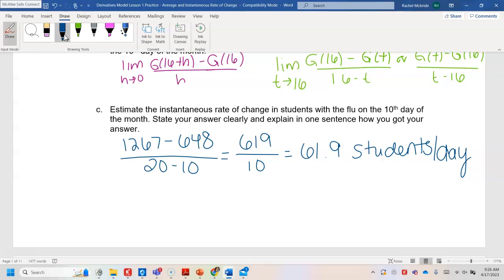It means that we are saying the instantaneous rate of change, or the number of students with the flu on the 10th day, is changing at a rate of 61.9 students. So still increasing, but now it's increasing on the 10th day, not on the interval.